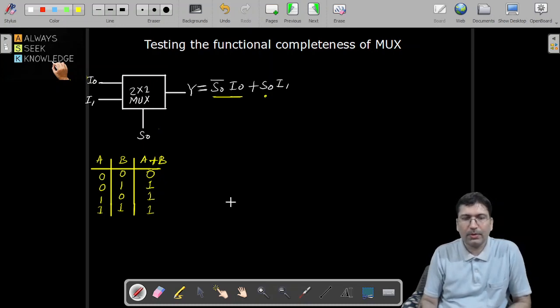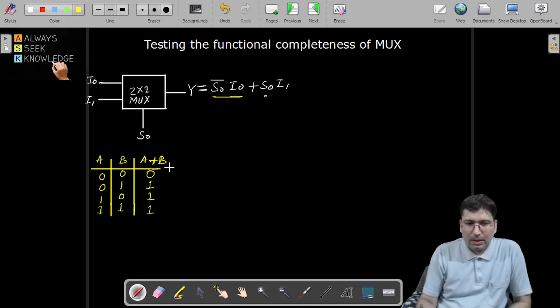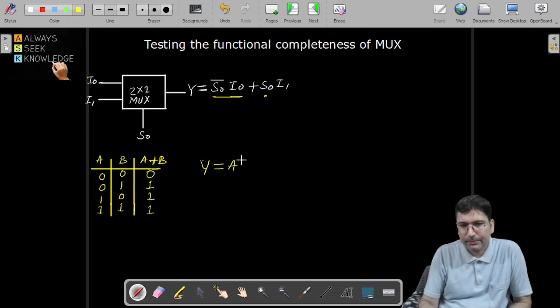So this is A or B. Now if we want A or B generated here as Y, then Y can be written in these terms. So this is A bar B, because this truth table is representing A or B.